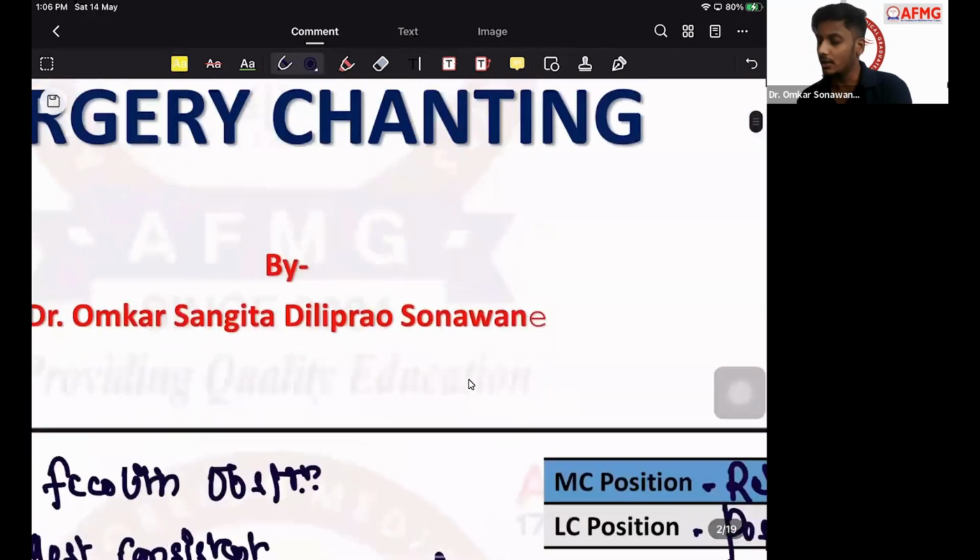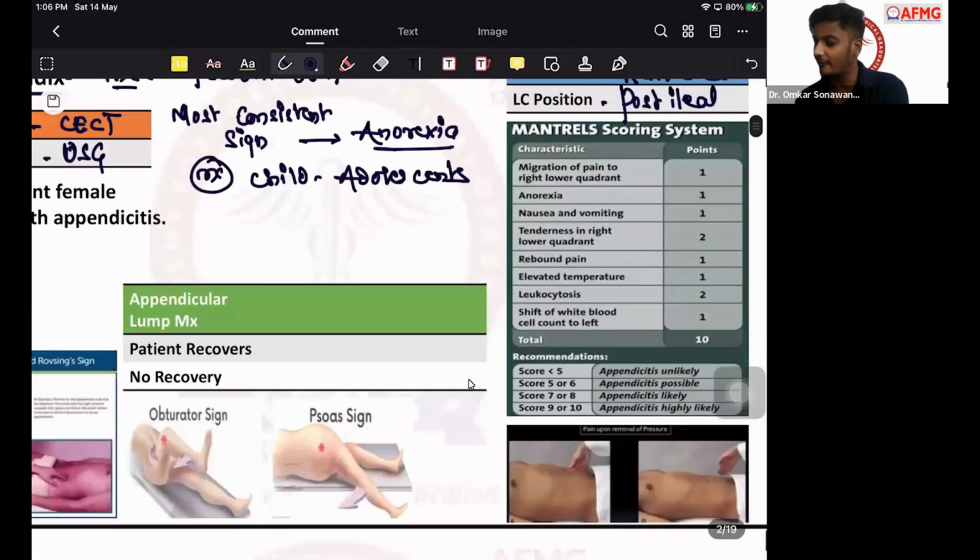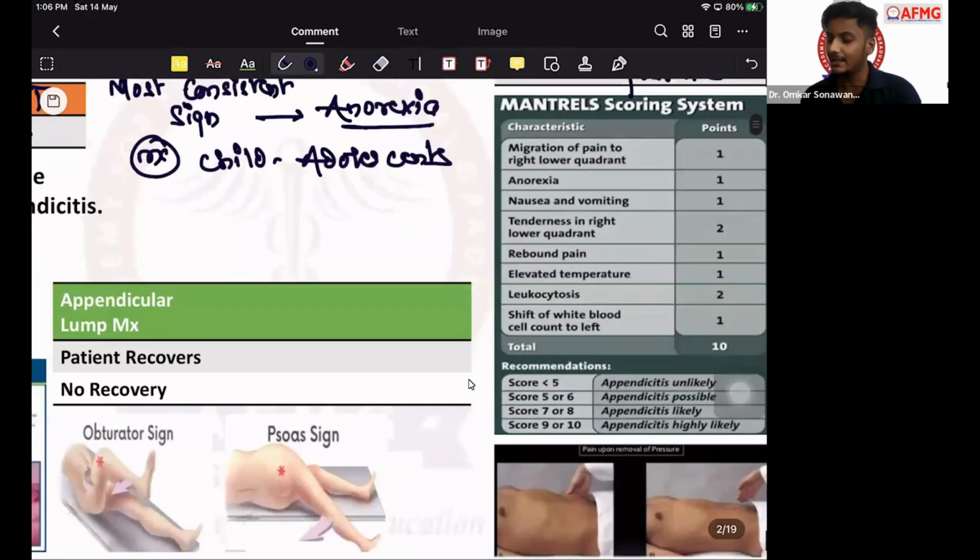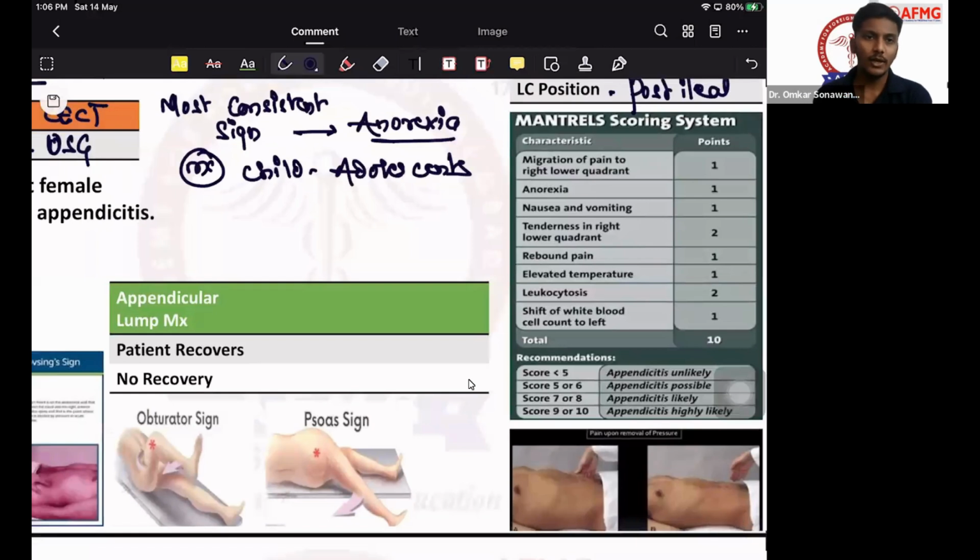If I talk about the clinical scoring system that we have for appendicitis, that is what is called your MANTRELS scoring system, which is a mnemonic in itself. It is also known as the modified Alvarado score. So yaad rakhna, the MANTRELS scoring system is also called the modified Alvarado score, where M stands for migratory right iliac fossa pain.